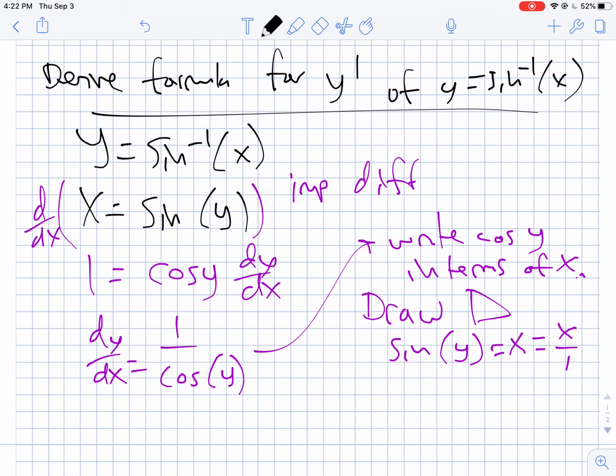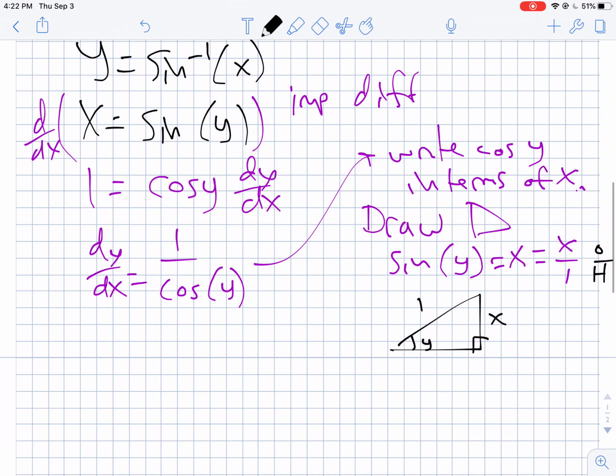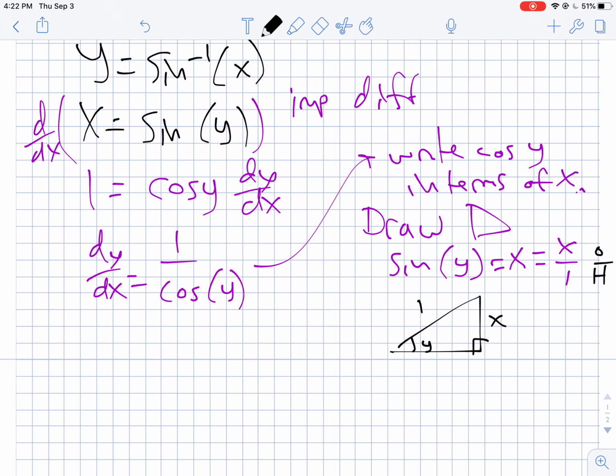Well, thinking about SOHCAHTOA, sine is opposite over hypotenuse. So if we have a right triangle, and this is our angle y, the opposite over hypotenuse is x over 1. Okay, so if I want to find the cosine of this angle, I need to find the missing side, and then use that to find cosine of y.